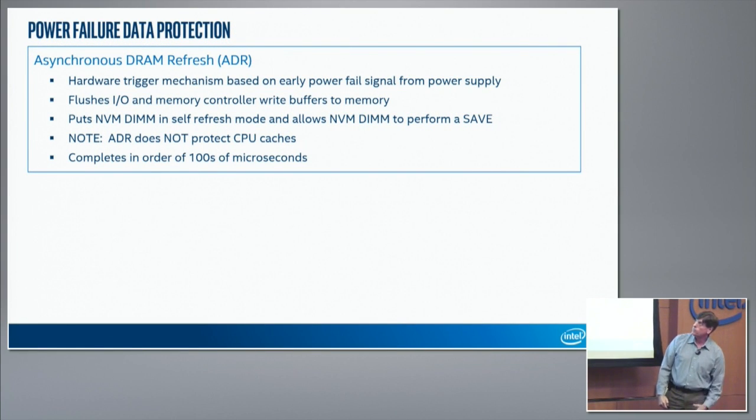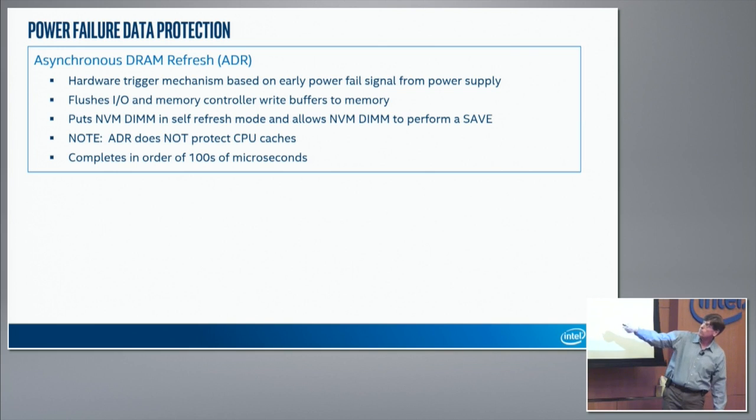One other thing that we have, in order to do power failure protection on the system domain, we call asynchronous DRAM refresh. It's completely a hardware mechanism. Basically the power supplies have a certain amount of residual capacitive power, and they do an early fail system, a hardware trigger, that we have some logic that captures and sends into the reset logic of our PCH chipset, which then informs the CPU, hey, you've got X number of microseconds before we're going to die.